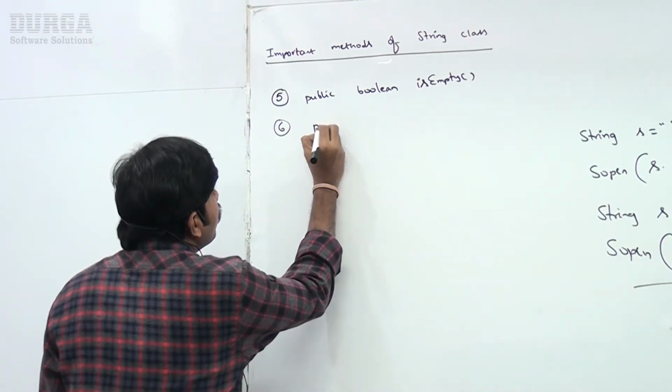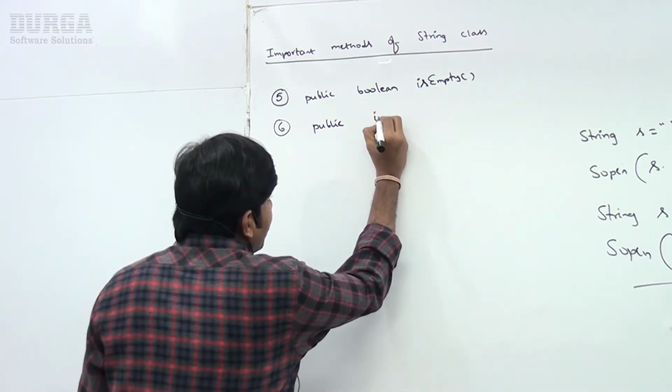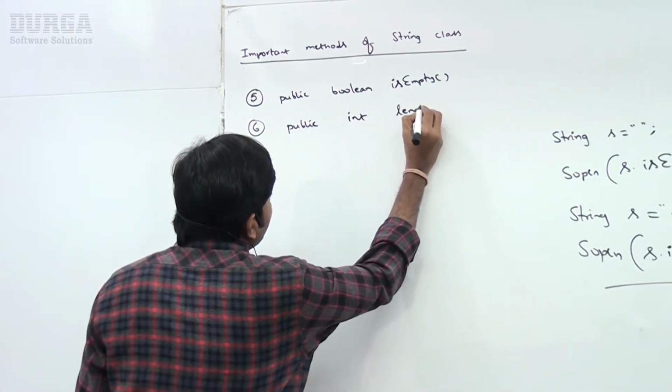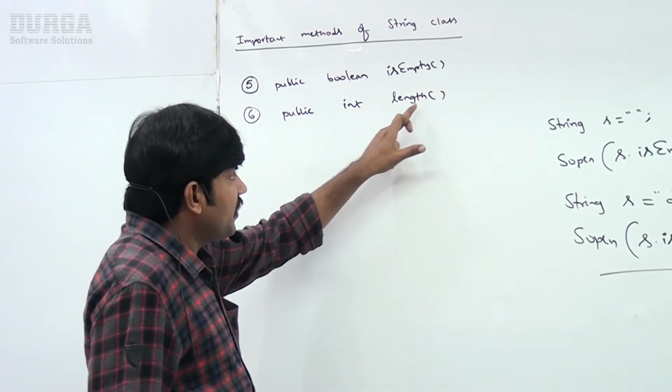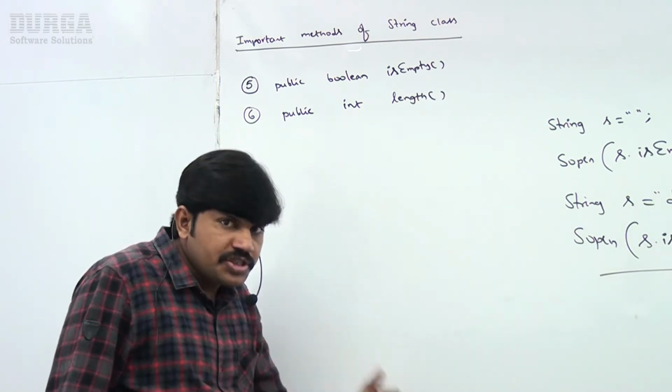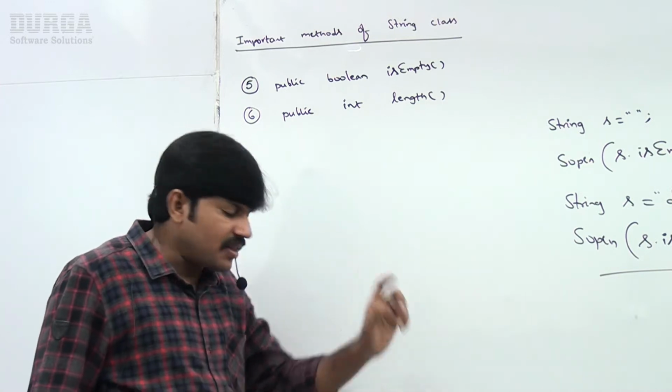If you want to know the number of characters present in the string, then we go for the length method. What is the method name? The length method we have to use to find the number of characters present in the given string.